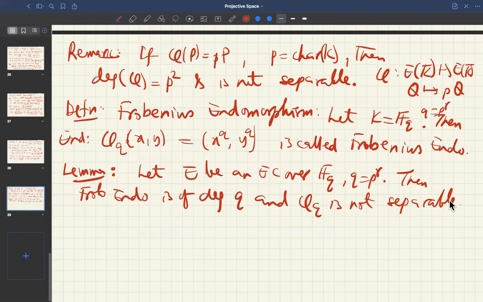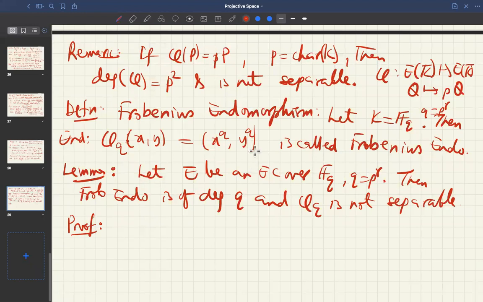First we need to show that this is an endomorphism. First of all, it's clear that if (x, y) is a point on the curve, then (x^q, y^q) is a point.